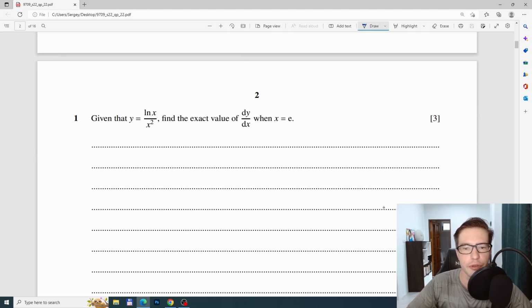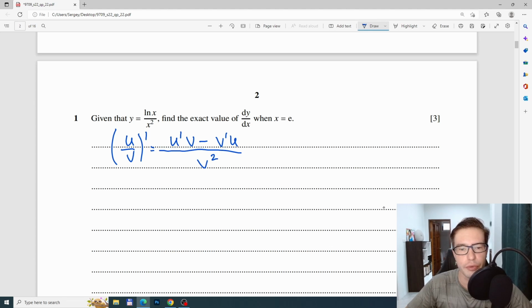For that I'm going to use the quotient rule, where the derivative of u over v would be equal to u derivative v minus v derivative u over v squared. In that case u is going to be log x and v is x squared.